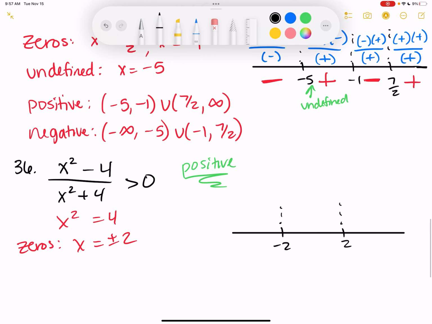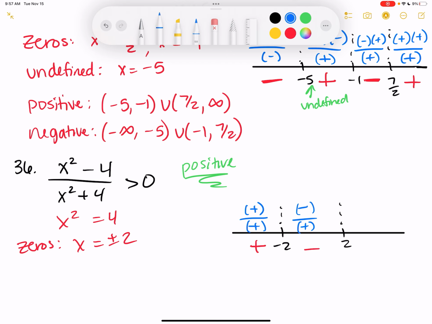So I check the same way. Let's say -3, that being squared is 9 minus 4, so that's going to be positive, over a value being squared, that's going to be positive. Middle one, if I use 0, then I'm left with a negative over a positive. I should have said the first one is positive, the second one is negative.